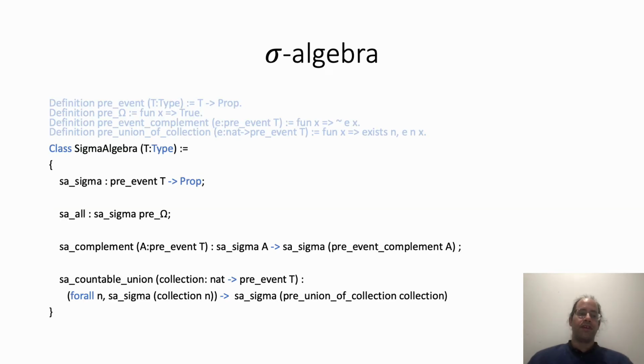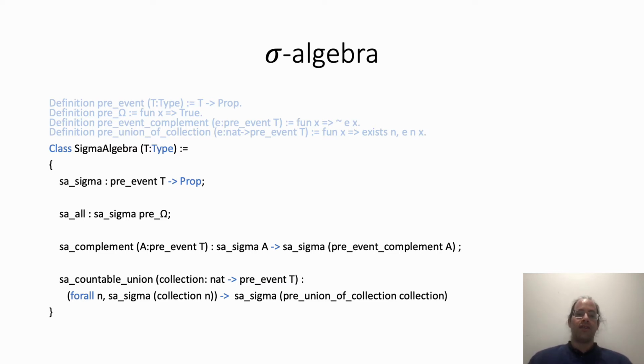Now that we've defined the basic idea of a pre-event, we can define a sigma algebra over pre-events. A sigma algebra over a type T comes with a predicate, sa_sigma, that determines whether a given pre-event is in fact in the sigma algebra. Similar to what we did before, we're going to define the set of measurable sets.